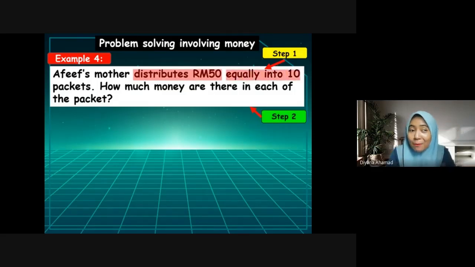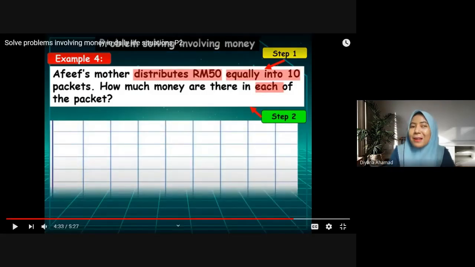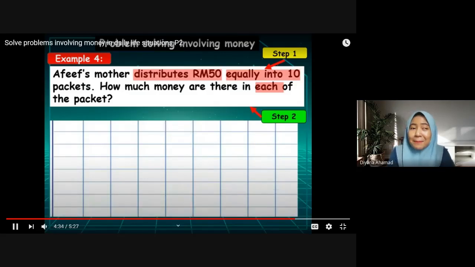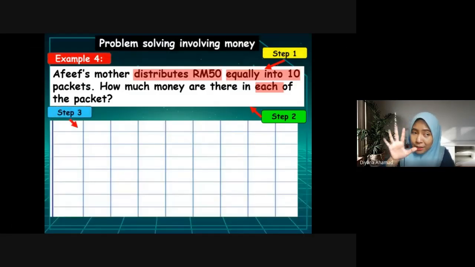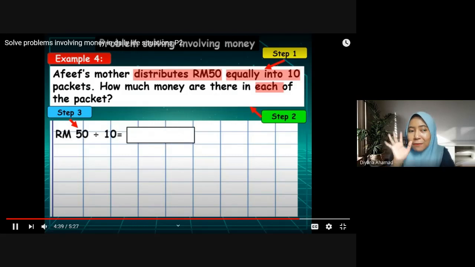Remember, how much money are there in each of the packet? You remember we learned before this. Equally. Yes, you guys need to do the division. So everyone, do the number sentence first. Afif's mother have 50 ringgit and then distribute equally. You find the keyword there. Distribute equally. Bahagi. So that means you guys need to divide 50 ringgit divide 10.